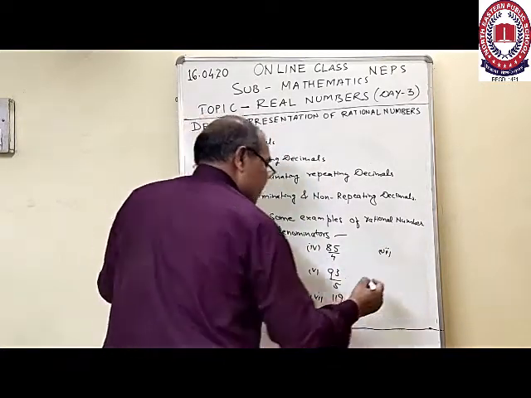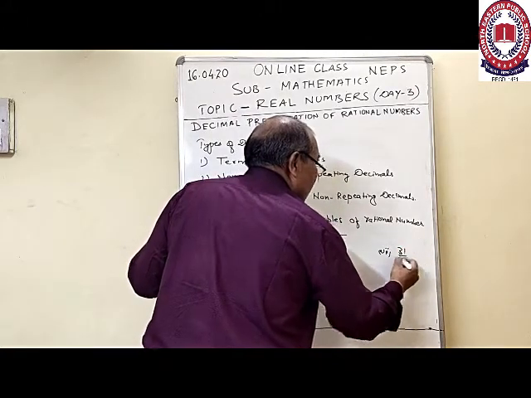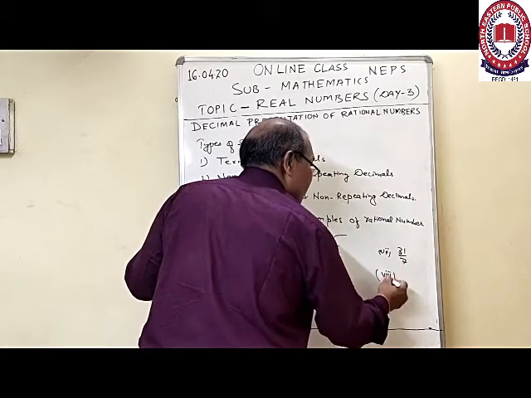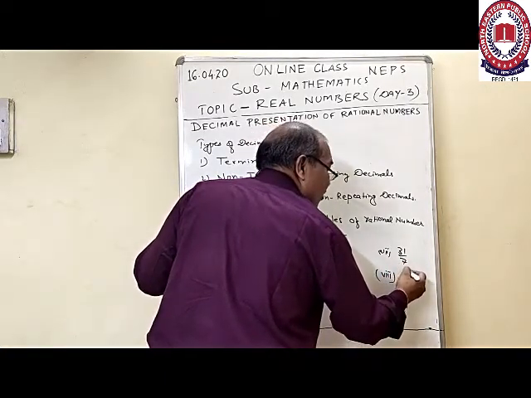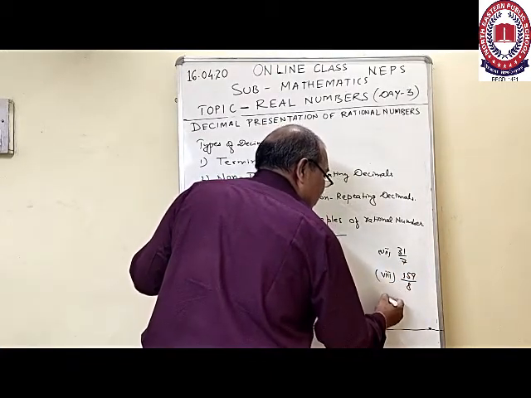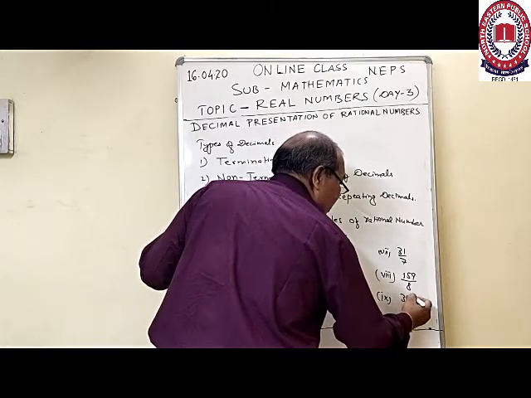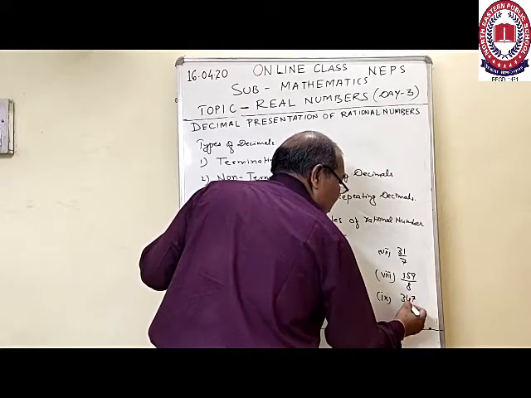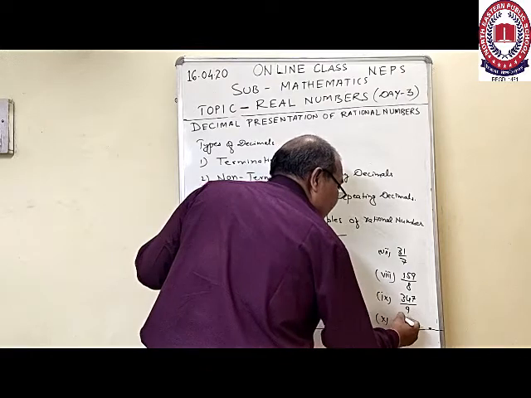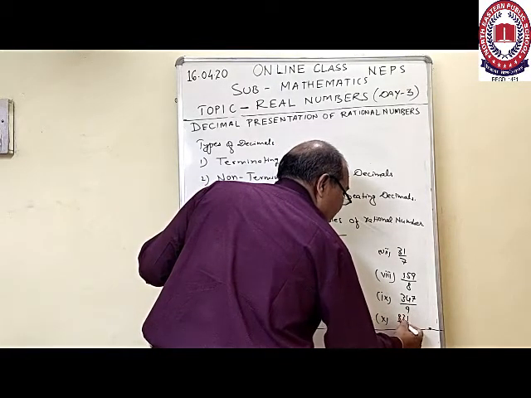Seventh, 31/7. Eighth, 159/8. Ninth, 347/9. And tenth, 831/10.